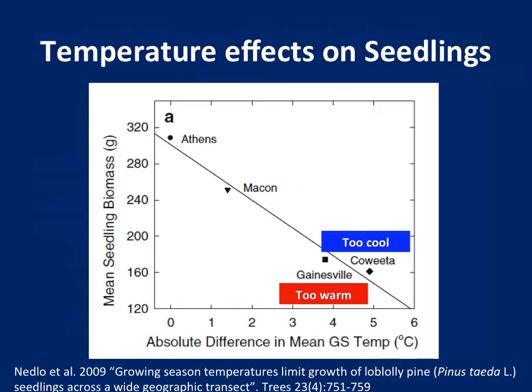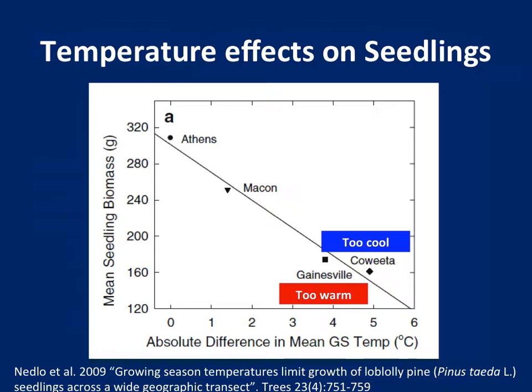They basically came up with the observation that Coweta was too cool, and Gainesville was too warm, and Athens is the best place in the world to grow trees, apparently. Which I don't know if that's because Bob Teskey's in Athens or not, but it's an interesting result.